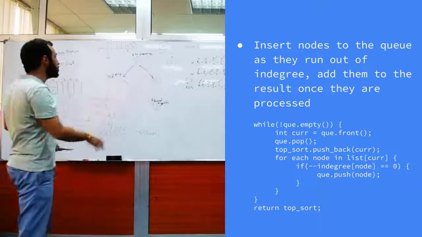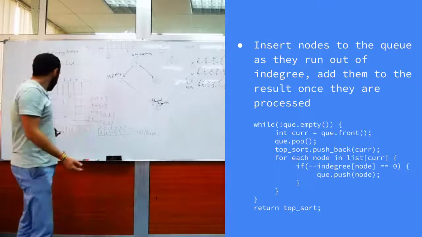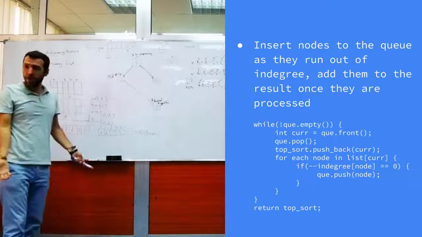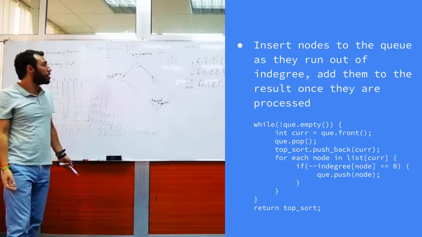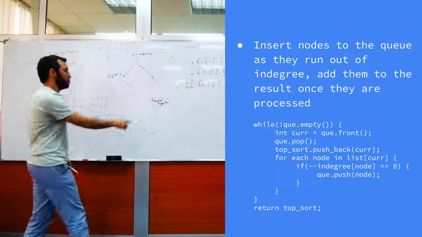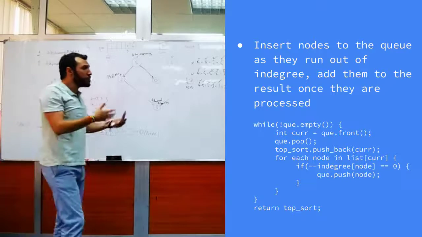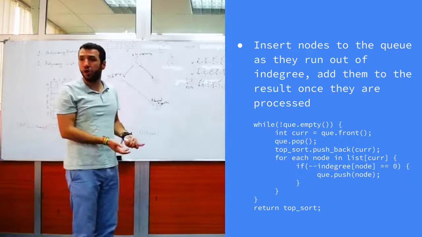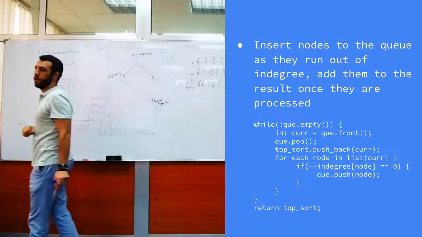After we processed all the outgoing edges of 4, we see that nothing went down to 0. Therefore, we didn't insert anything into our queue, and we will continue with the execution. Is my queue empty?